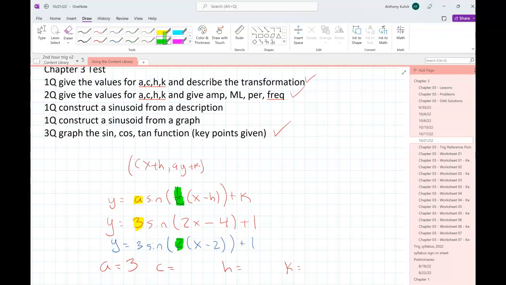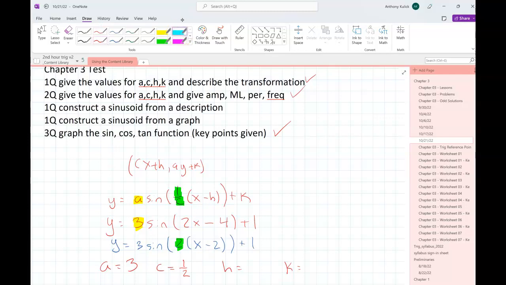I know 1 over C is 2. So what's C? 1/2, the reciprocal, right? If I know 1 over C is 2, if I flip 2 and I flip 1 over C, I get C is equal to 1/2, right? Is that okay?